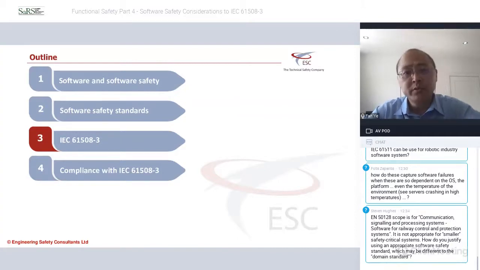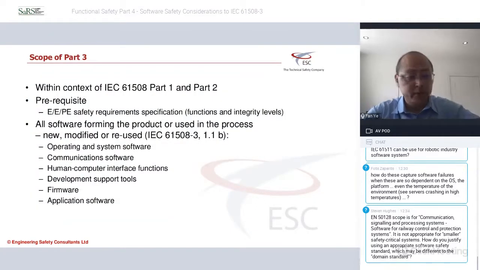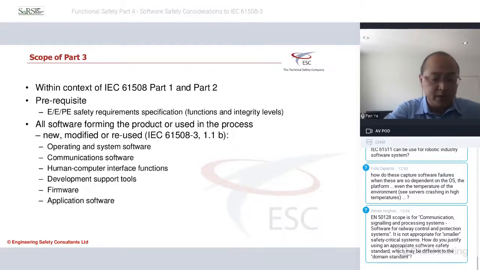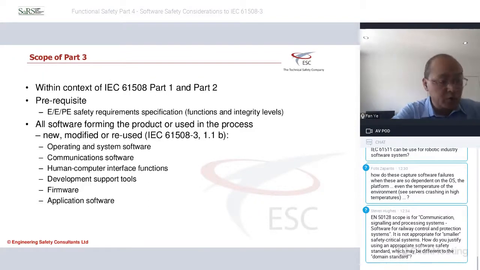Now we'll move on to 61508 Part 3, which is the software part on functional safety from IEC 61508. It has to be read in conjunction with Part 1 and Part 2. Part 1 provides the overall general requirements.